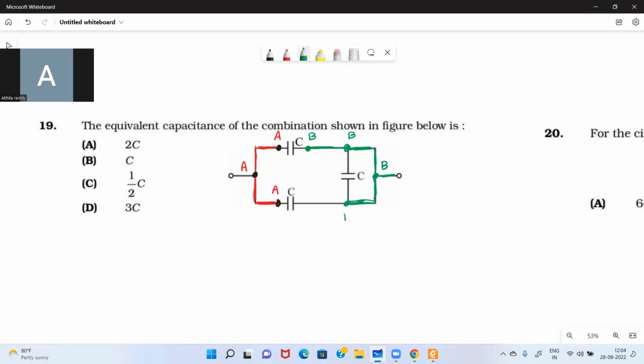B itself. What about this point as far as potential is concerned? B only, very good. So totally there are only two points in this sum. What are they? One is A and the other one is B. Right?